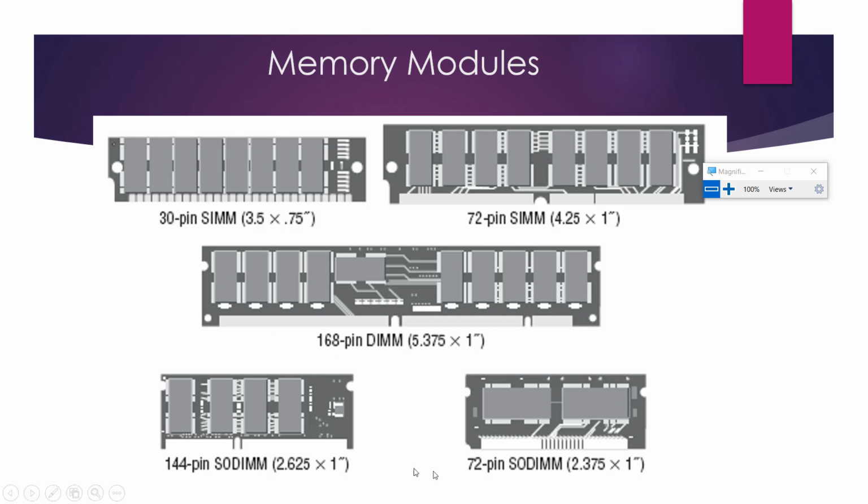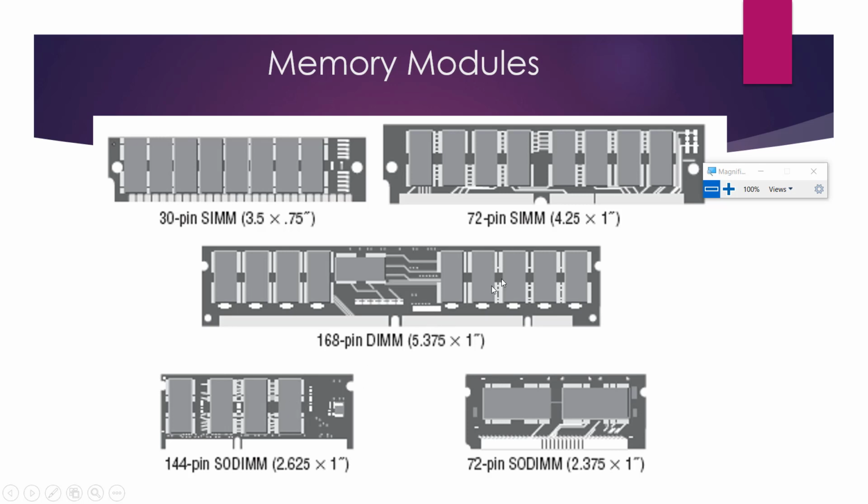Okay, SODIMM is used for laptops. Is that correct? You can see the size of it and try to figure out, but obviously we're going to try it as well. With the 168 pin DIMM or 72 pin DIMM, you can see the sizes of those RAM sticks, and then you can see the size of this one.